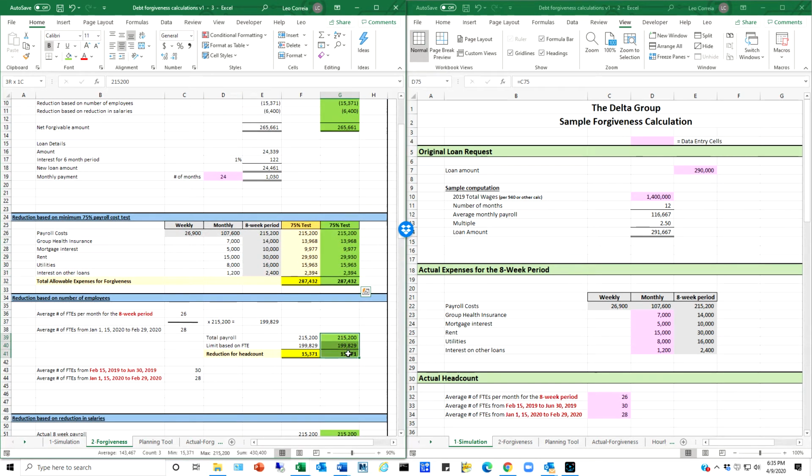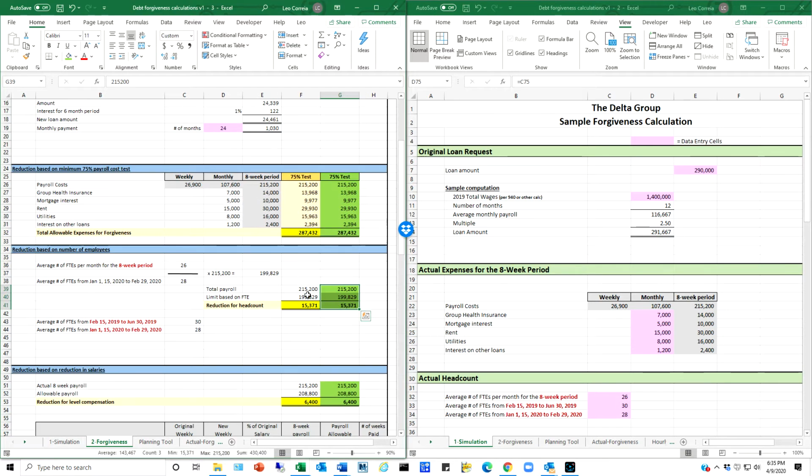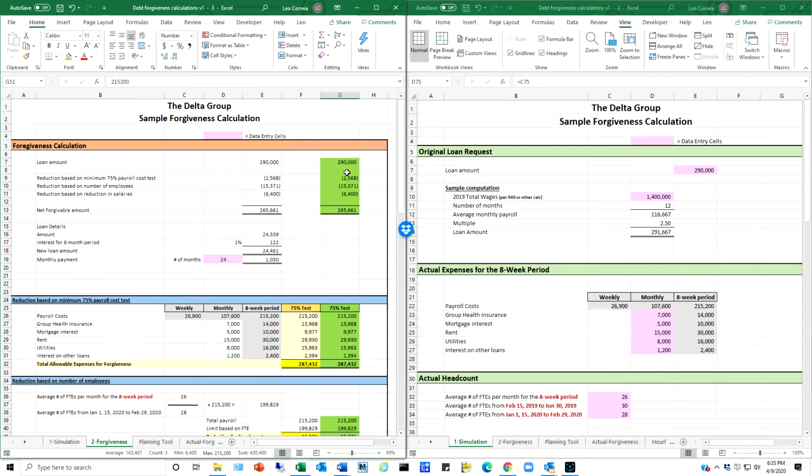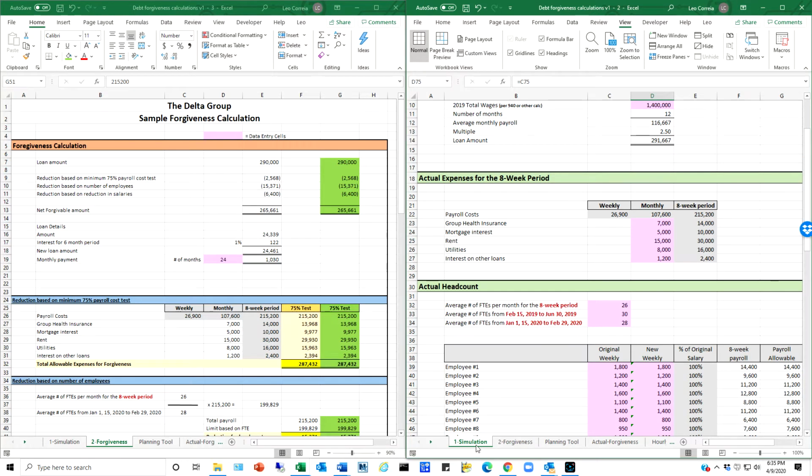So as we make changes to this, we can see which numbers change and compare them to the originals. So these green shaded areas will stay static. On the right-hand side here is where we're going to make some of our changes. This is the data entry point for the simulation.